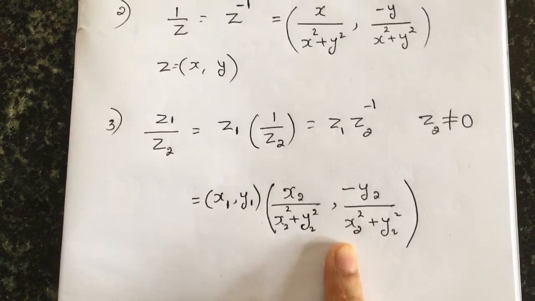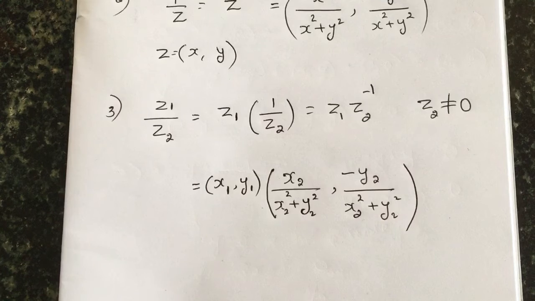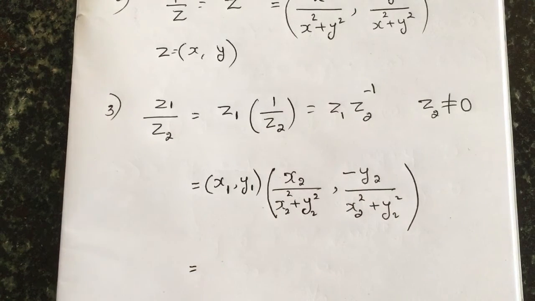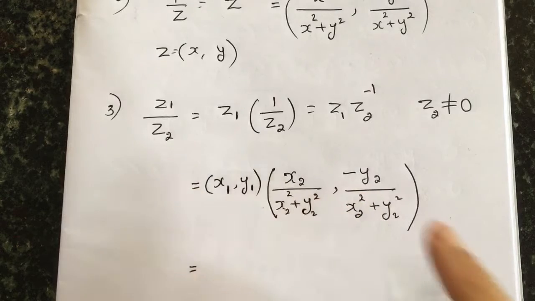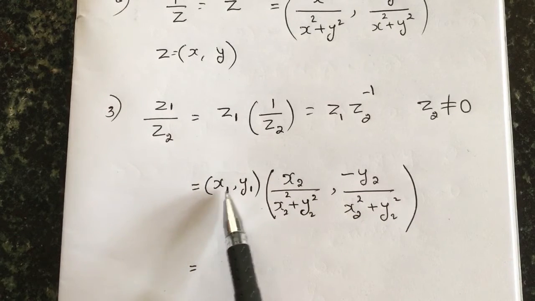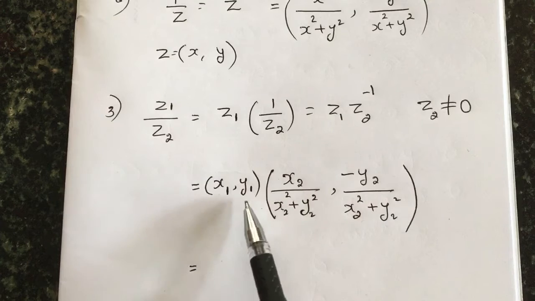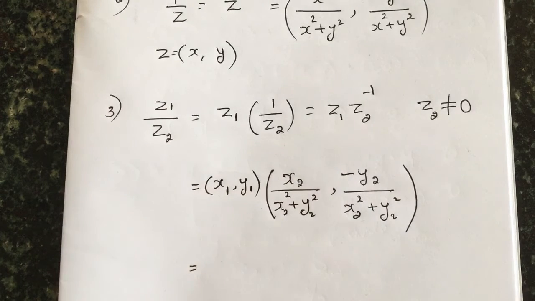This is z2 inverse, right? Now combine them. Since it's a product, you have to multiply x1 with this, x1 with this, then this with this, and this with this.